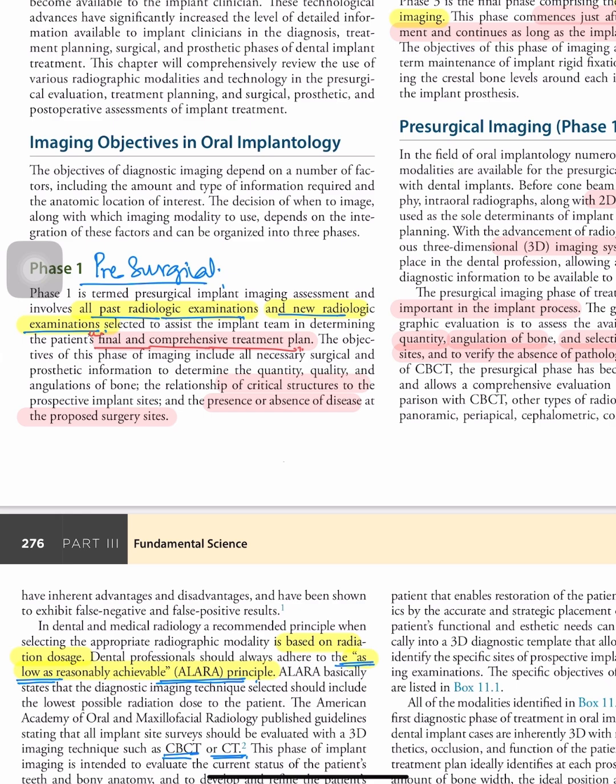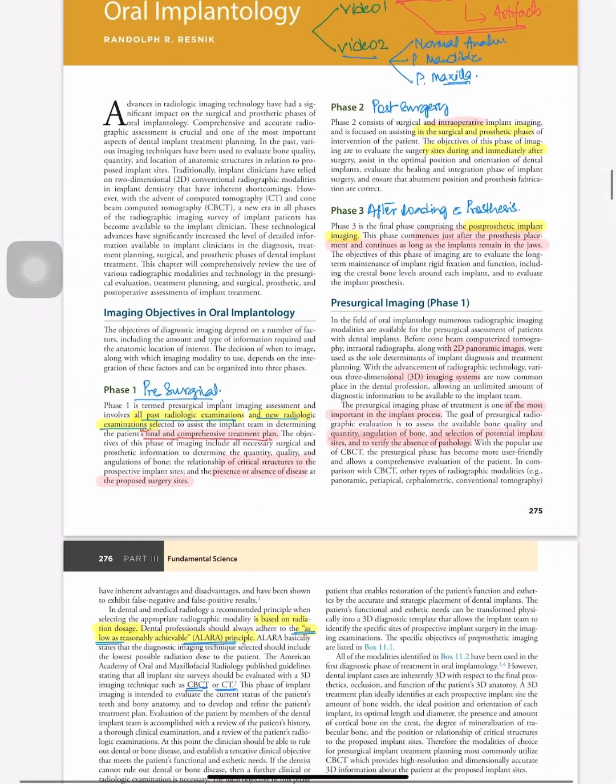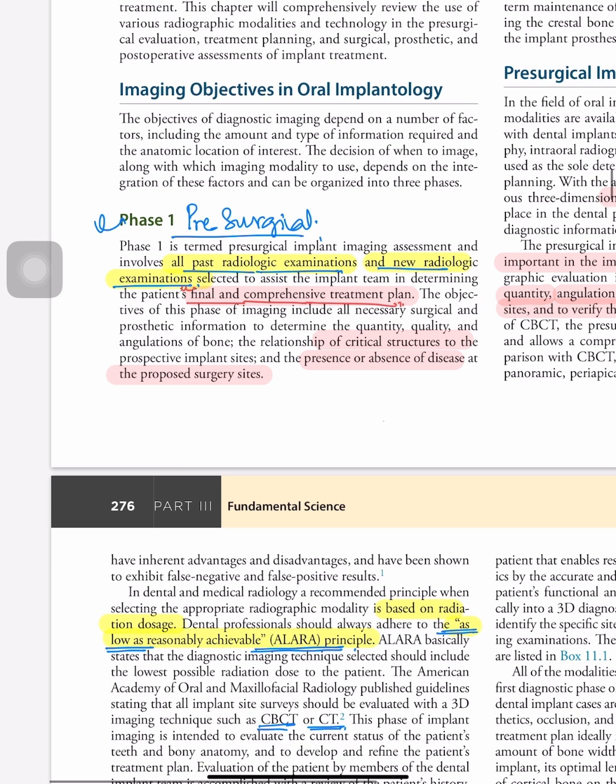The objectives are divided into three phases. Phase 1 is pre-surgical, phase 2 is post-surgery, and phase 3 is after loading the implant with the prosthesis. So in the pre-surgical phase, what do we do?